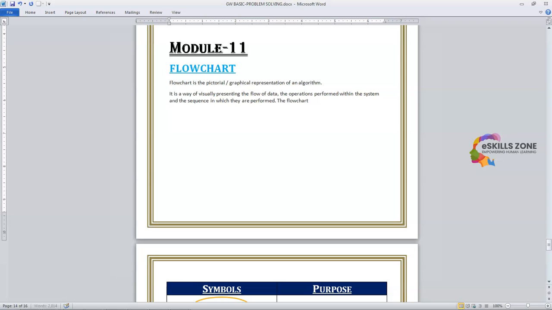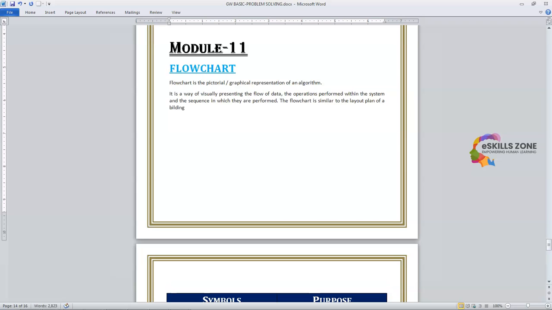Flowchart is similar to the layout plan of a building, like an architect makes for a building proposal.